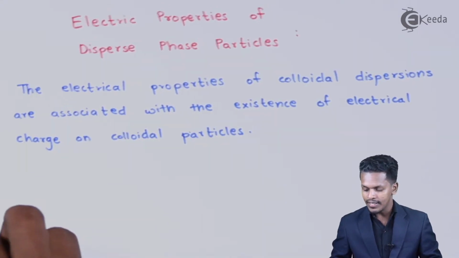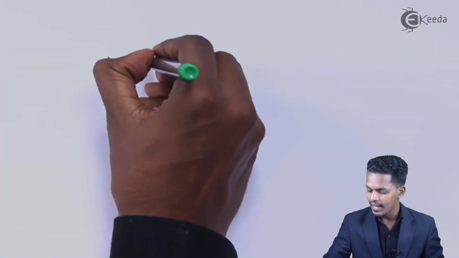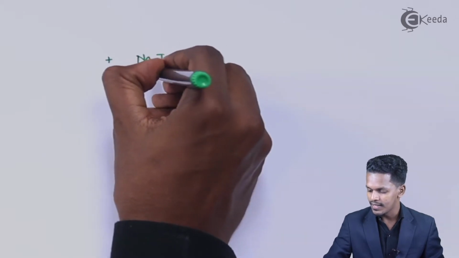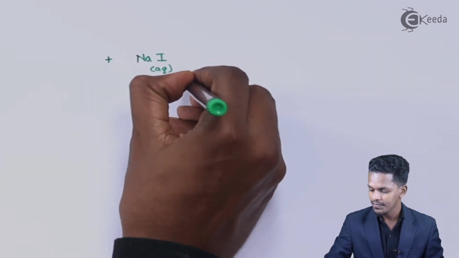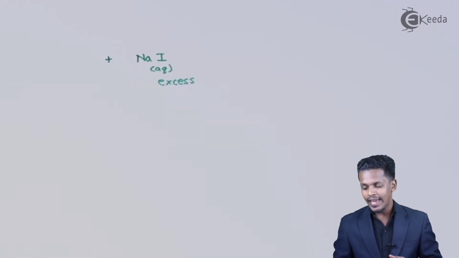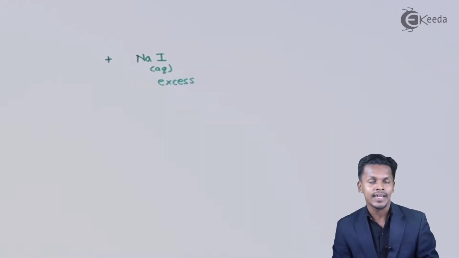Suppose we have a particular solution present in an excess amount, that is an NaI solution. And suppose in this solution we have added AgNO3.